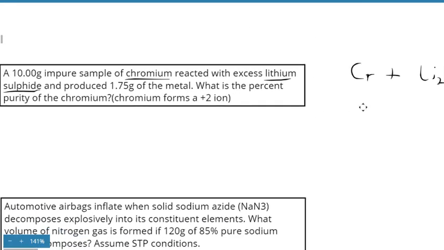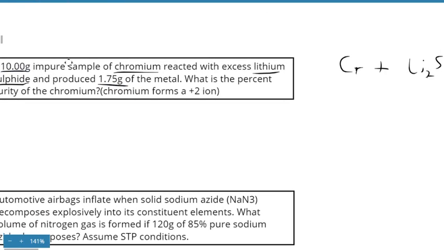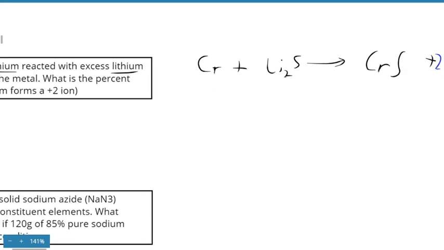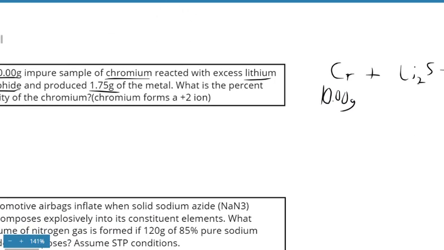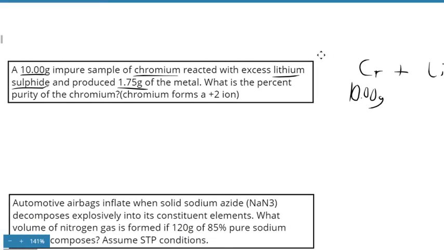So Mr. Benson likes to write the values under his equation, so I'll do that too. 10.00 grams under chromium, and then the other one, 1.75 grams under the metal.